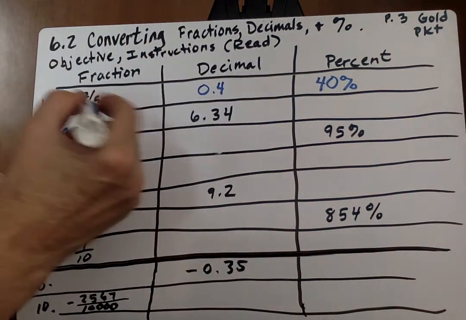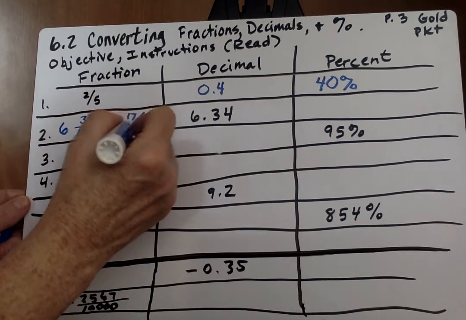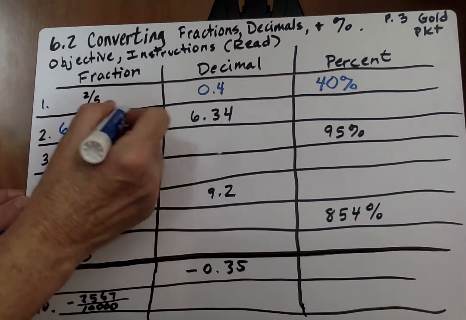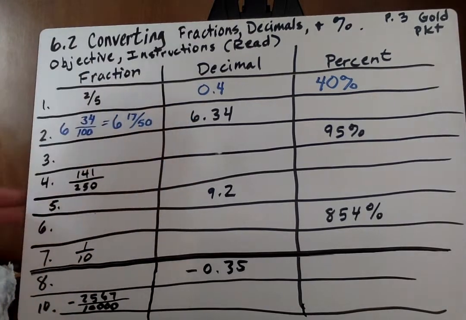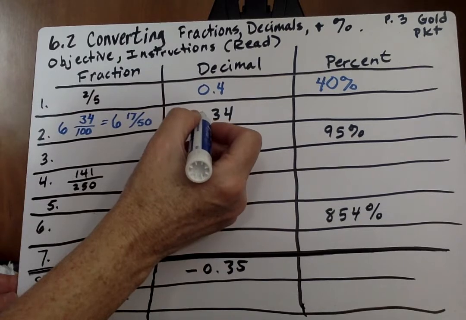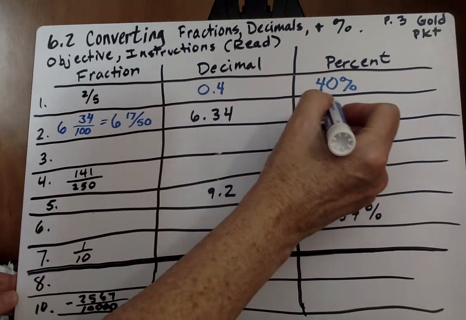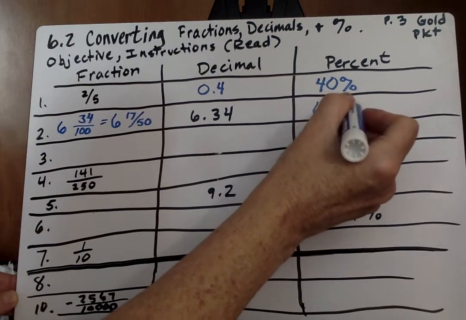So we're going to rewrite this as 6 and 17 over 50. You want to simplify this if you can. Percent, we just move the decimal 2 places to the right, and it's 634%.